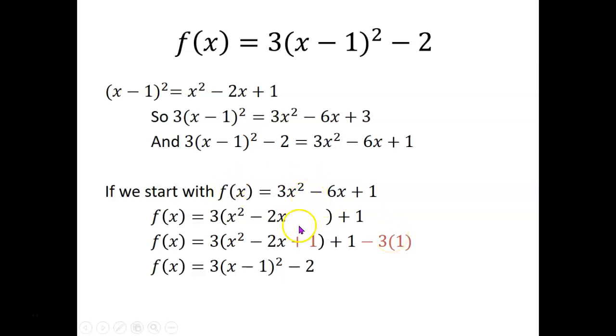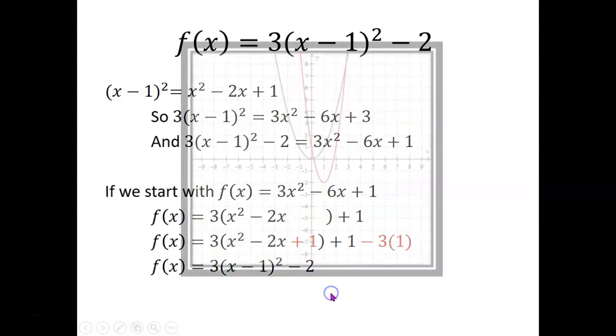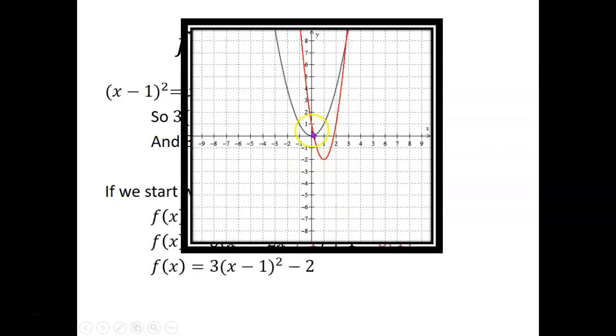You can go through this process of transforming it into a number times (x minus a number) squared with another number on the end. And then you can see, oh, that's like x squared, only stretched by a factor of 3, shifted 1 space to the right, and then down 2 spaces.